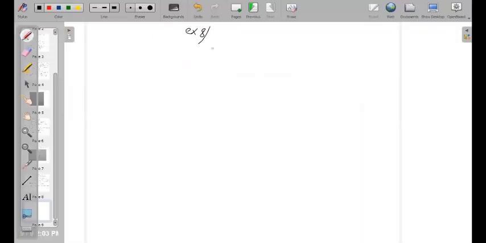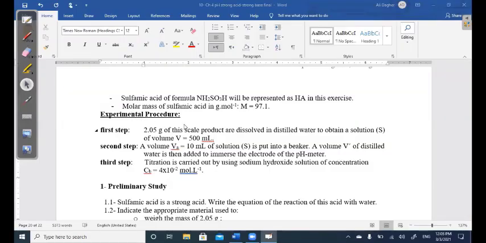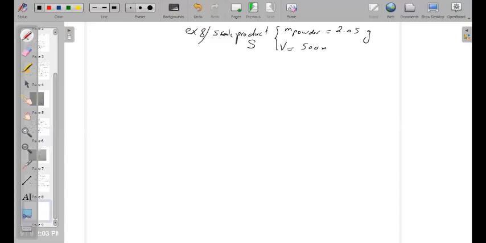Exercise 8, we have a scale product, a mass of powder equal 2.05 gram. We prepare a solution S, and V, the volume prepared, equals 500 milliliters. Then from S, we titrate sulfamic acid represented by HA, of concentration Ca to be determined.